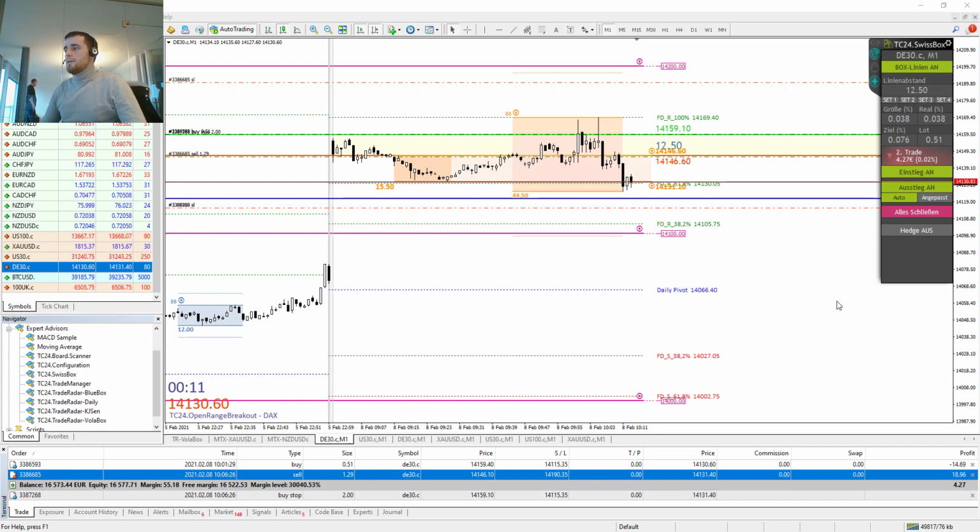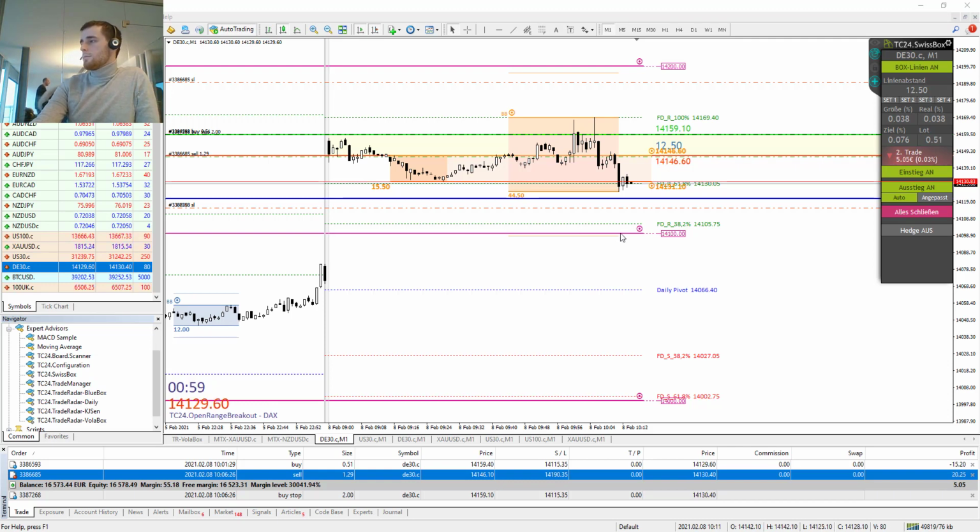Waiting for the market to move just a few extra points in our direction, as we're currently just stuck around the previous all-time high and that Fibonacci.